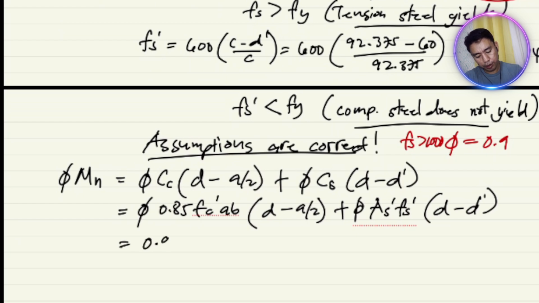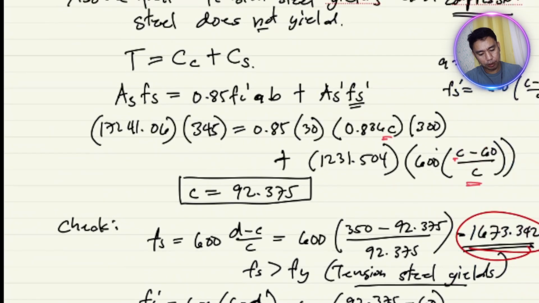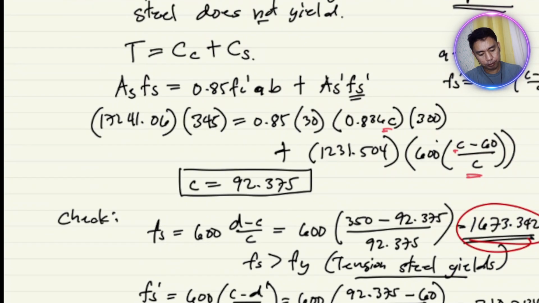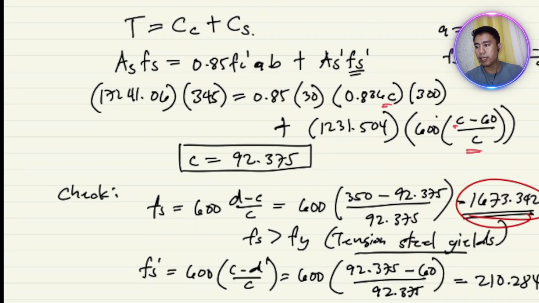We have 0.9 times 0.85 FC prime of 30 times A. Okay, yung A nakasolve tayo ng A, right? Which is equal to, di pala tayo nakasolve ng A.